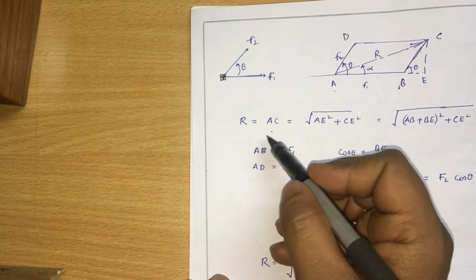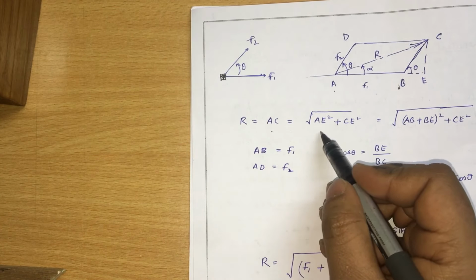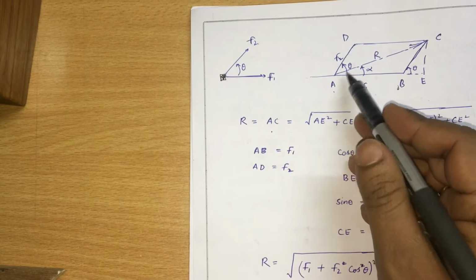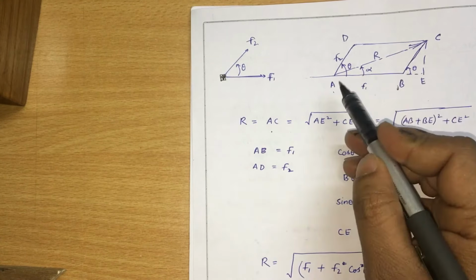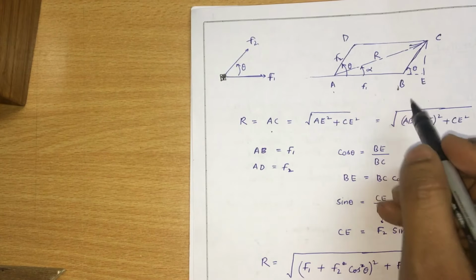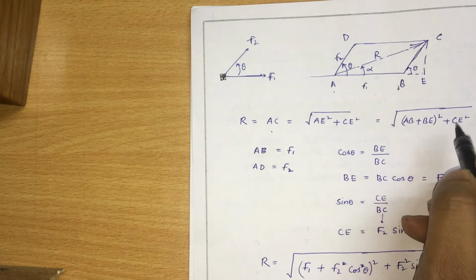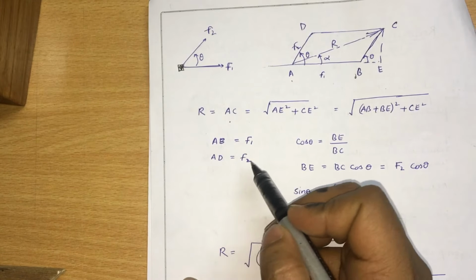Okay, so as we know, R is equal to AC. Let us assume that R is the resultant, so R is equal to root of, from Pythagoras, AE square plus CE square. This is a right angle triangle, ACE is a right angle, and now AE is equal to AB plus BE. So we know that AB is equal to F1 and AD is equal to F2.